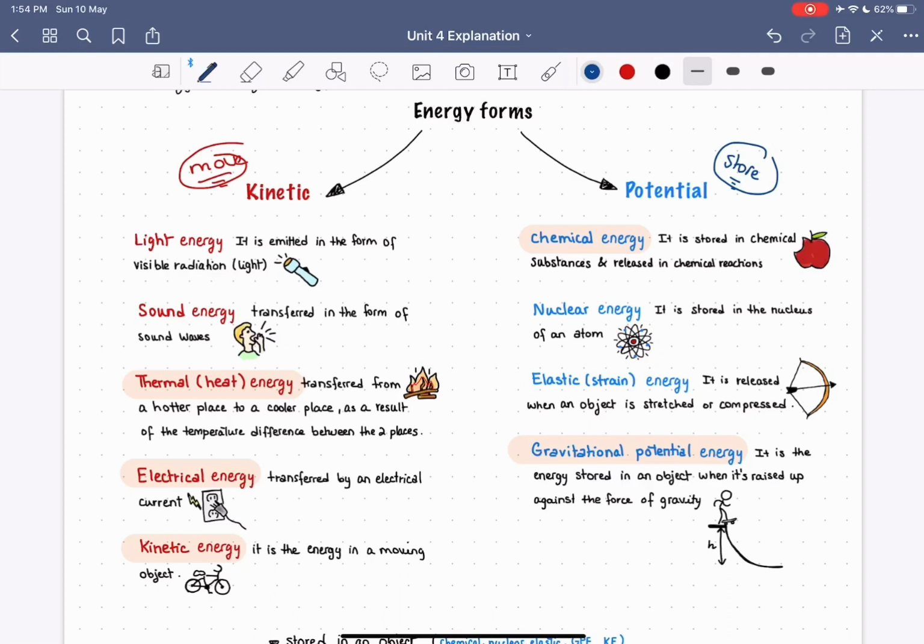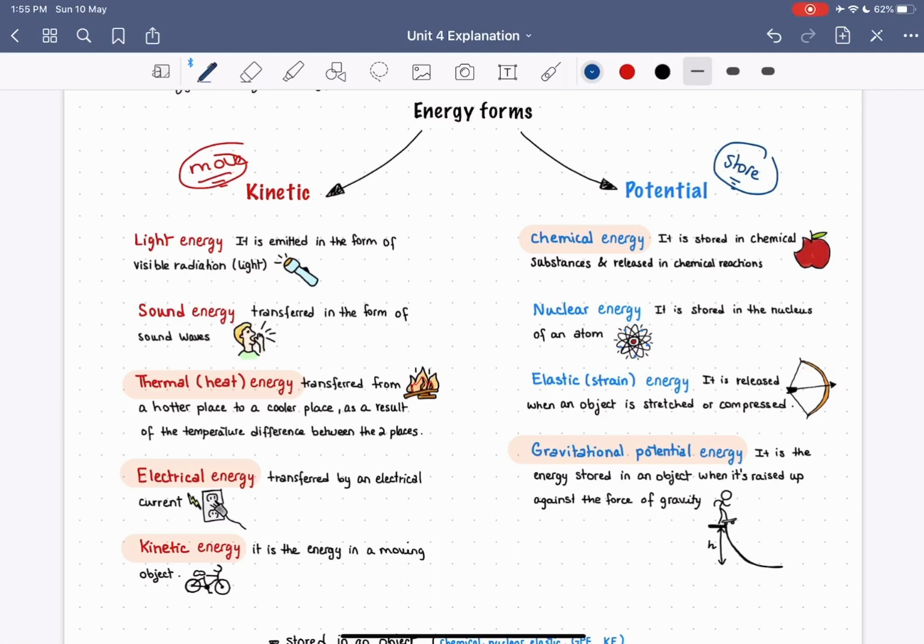So chemical energy is stored in food, and in our body, or it's stored in fuel in our cars. Nuclear energy is stored in the nucleus of the atom. Elastic energy is when you stretch something like a rubber band, or when you stretch an object and then release it, the object will move due to the energy stored in the elastic material.